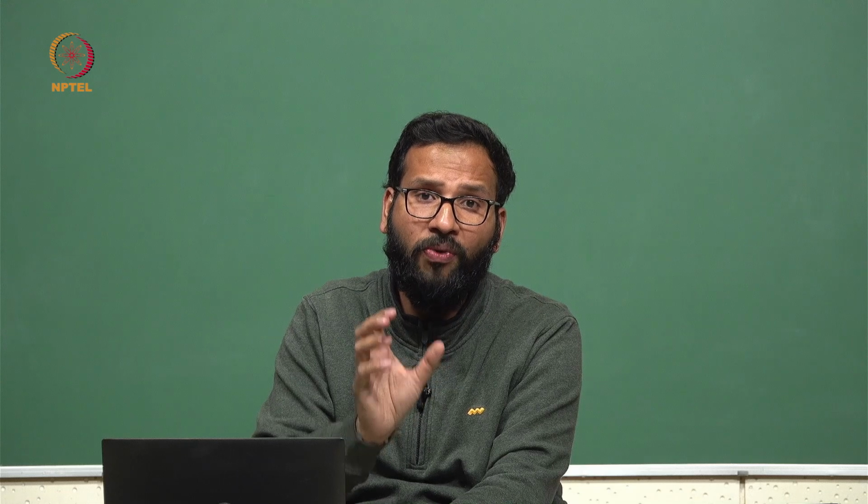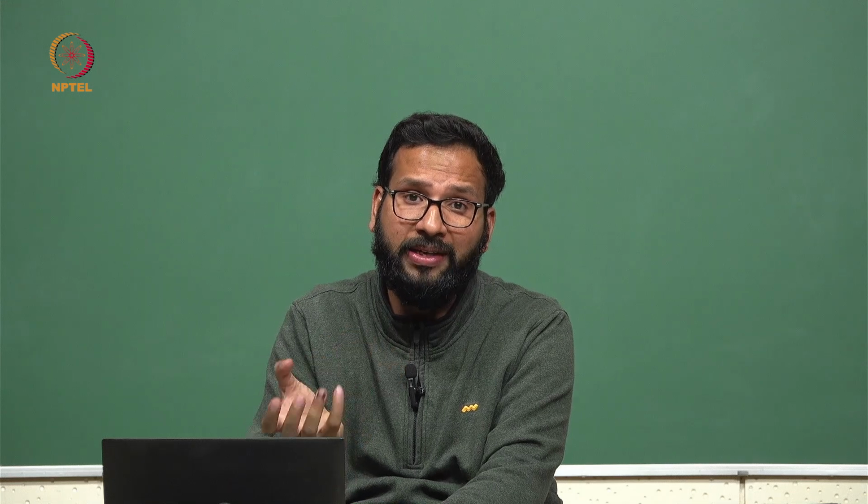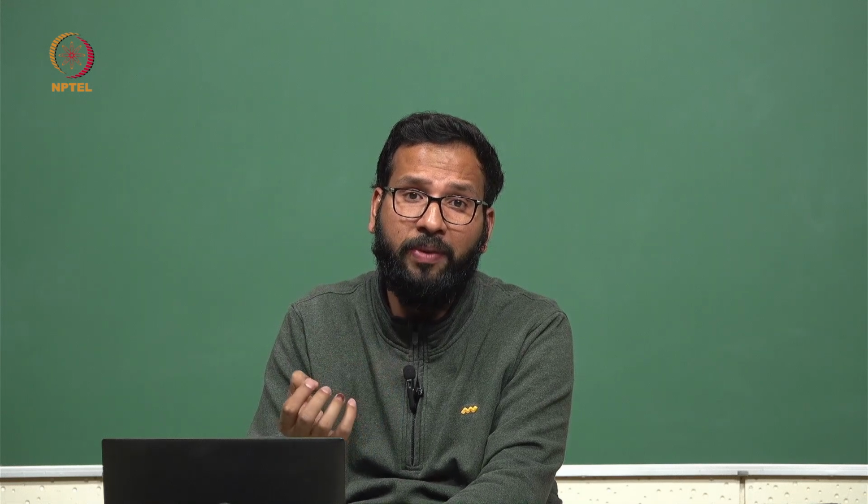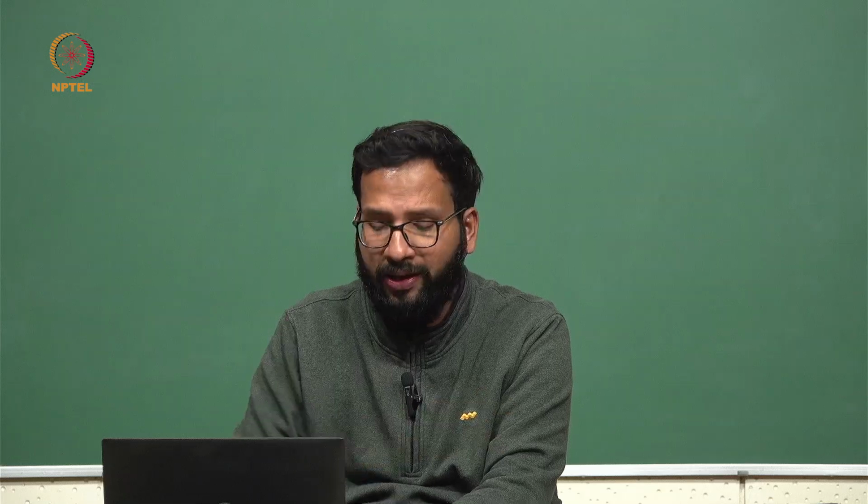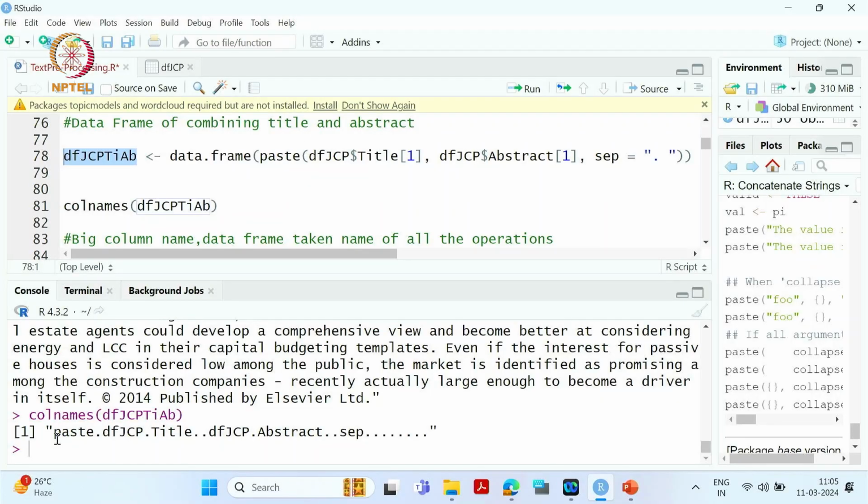So what does the data frame do? It takes that as the column name and assigns it to that particular data. But this particular column name is too big, so we will make it a short column name. How will we change the column name of that data frame?